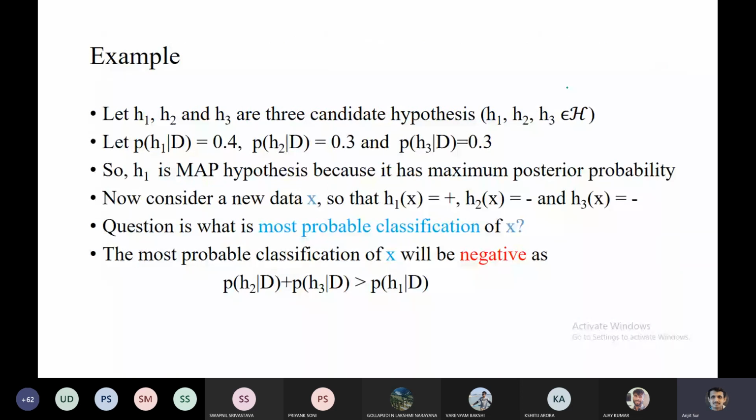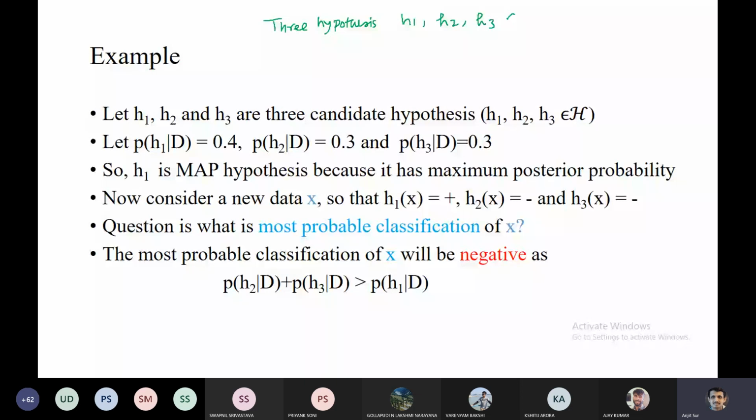Now see, there are 3 candidate hypotheses: H1, H2, and H3. All these belong to our hypothesis space H. That is the basic supervised setting.